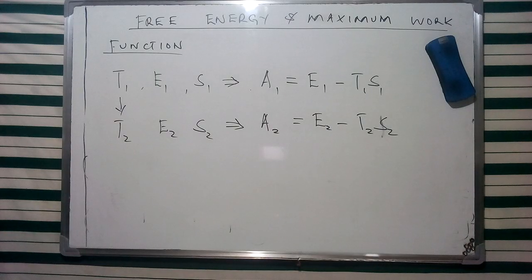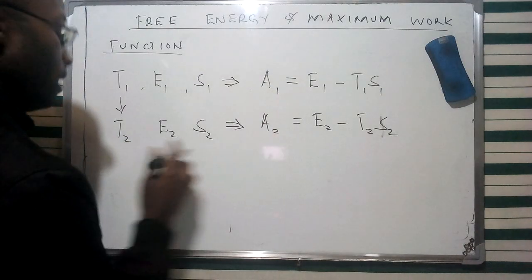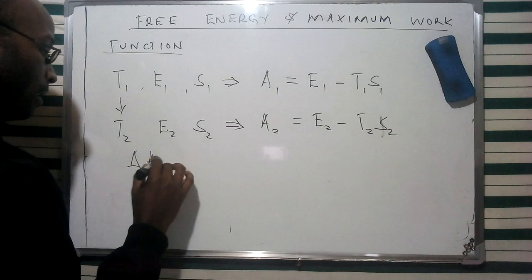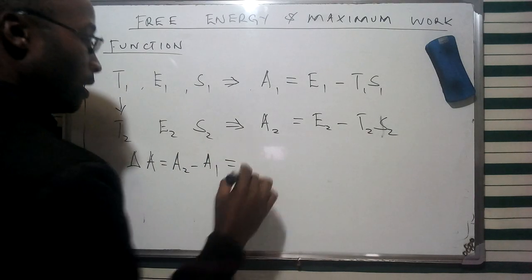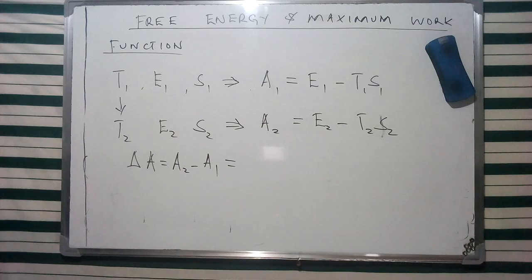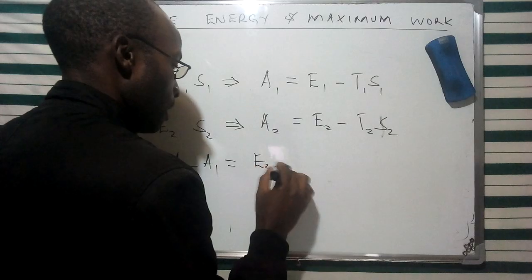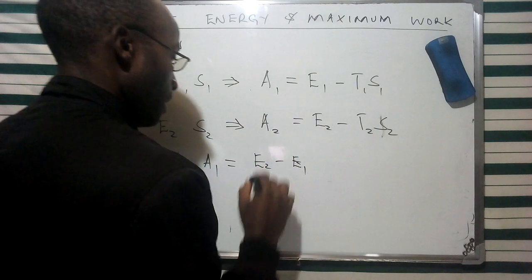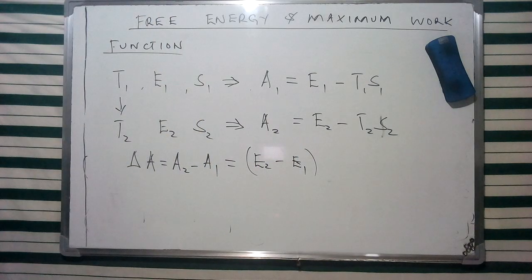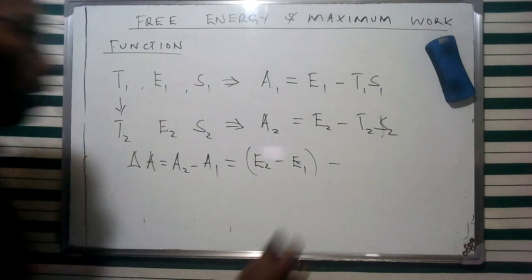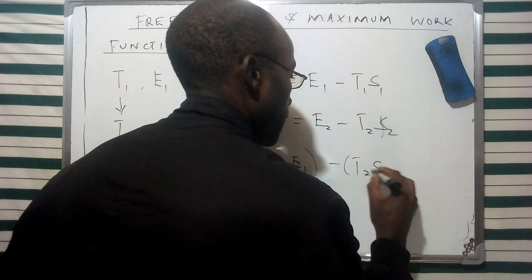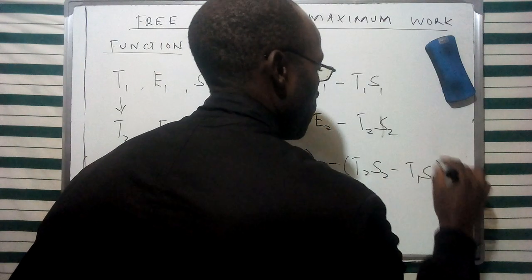Those are the appreciable changes we are going to witness. Therefore we can give a change in Helmholtz free energy, a transition between A1 and A2, as delta A equal to A2 minus A1. In terms of the representation we have given, it is E2 minus E1, the respective energies, and the second variables are the product of the two, T2 S2 minus T1 S1 respectively.